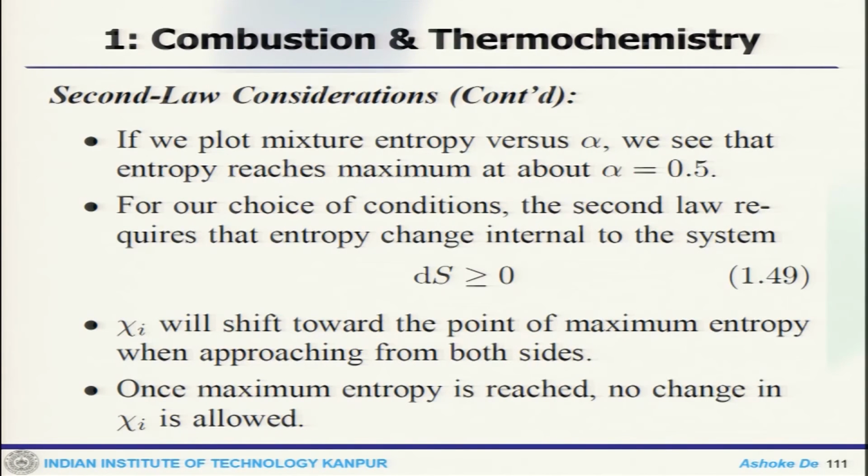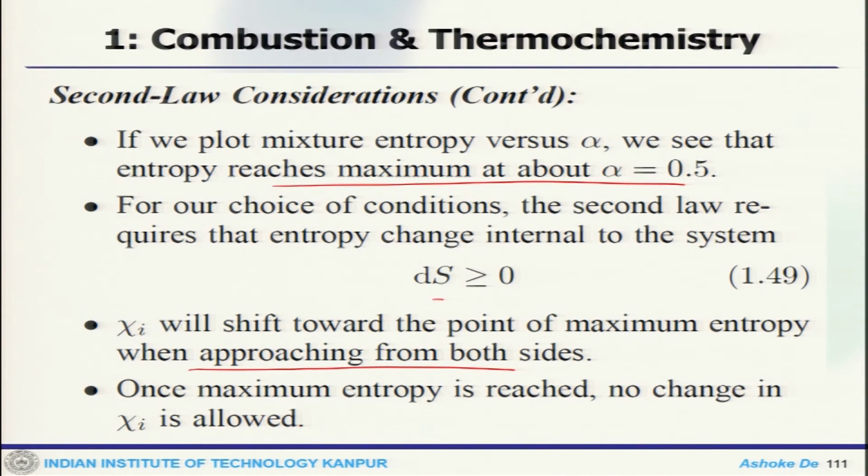Now, if we plot the mixture entropy versus alpha, we see that entropy reaches a maximum at alpha equal to 0.5. Around that point it will be maximum. The second law requires that the entropy change internal to the system is greater than zero, because the system entropy is changing, and the mole fraction will shift toward the point of maximum entropy when approaching from both sides.